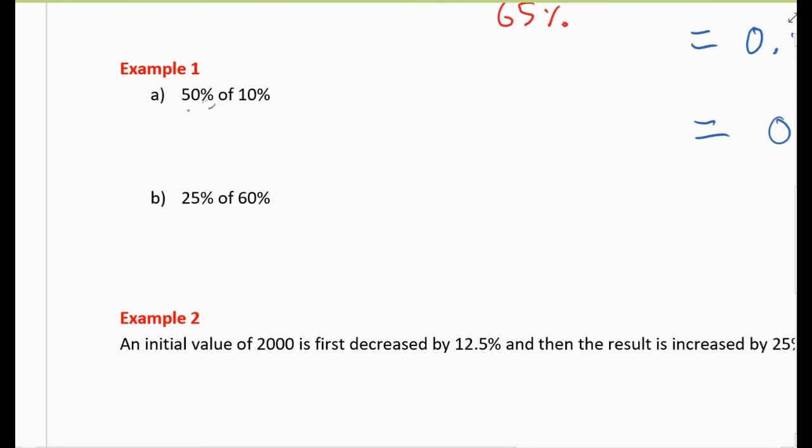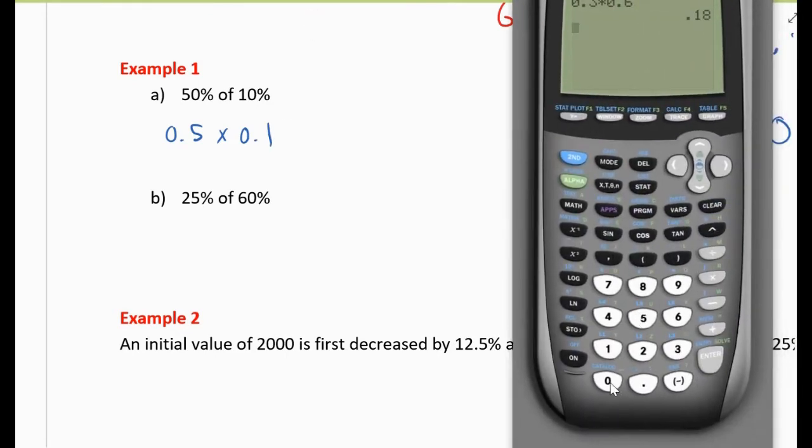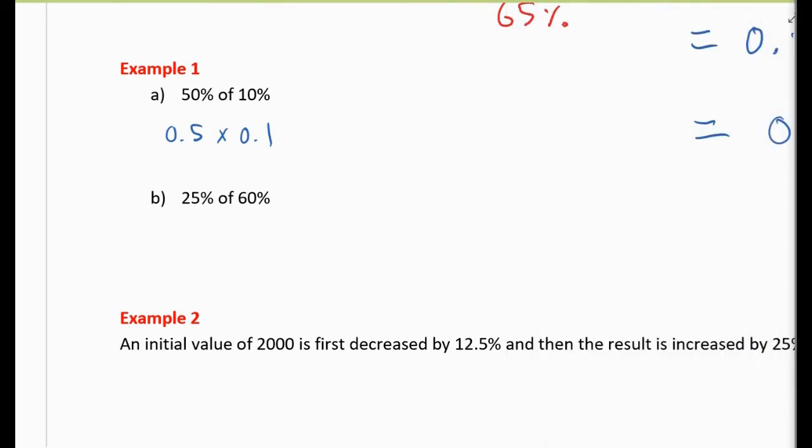Simply change all the percents to decimals, and "of" is multiplication. So 50% is 0.5 and 10% is 0.1. Use your calculator: 0.5 times 0.1 is 0.05, and if you move two decimal places, that is 5%.